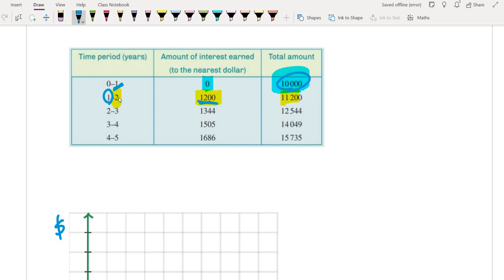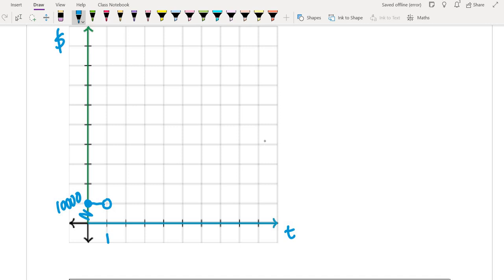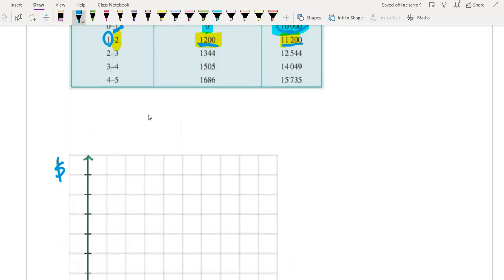Now, from 1 year all the way to 2 years, because now we made that little bit of interest, the balance in our bank account is 11,200. So the scaling's a little bit off, but let's put 11,200 here. So from the start of 1 year all the way till 2 years, not including that 2 years, our bank balance is this.